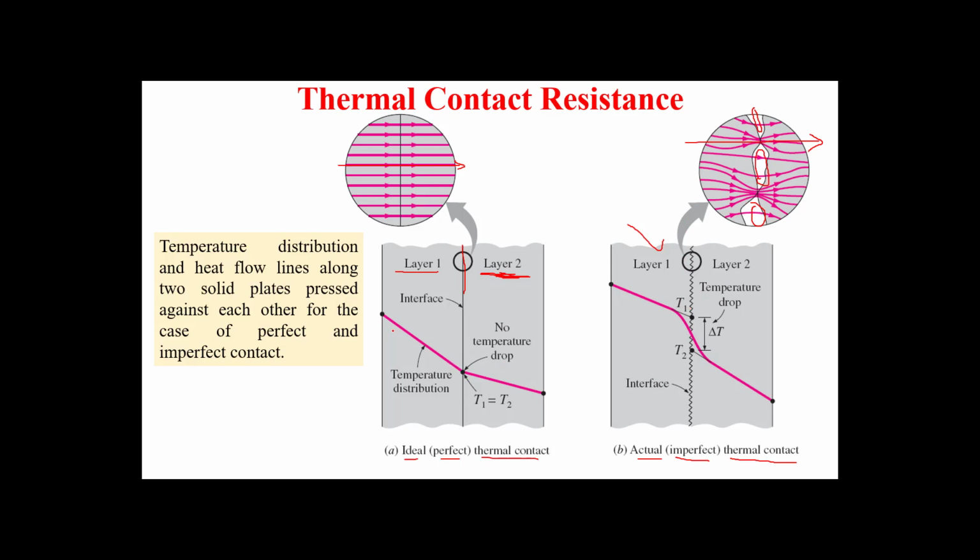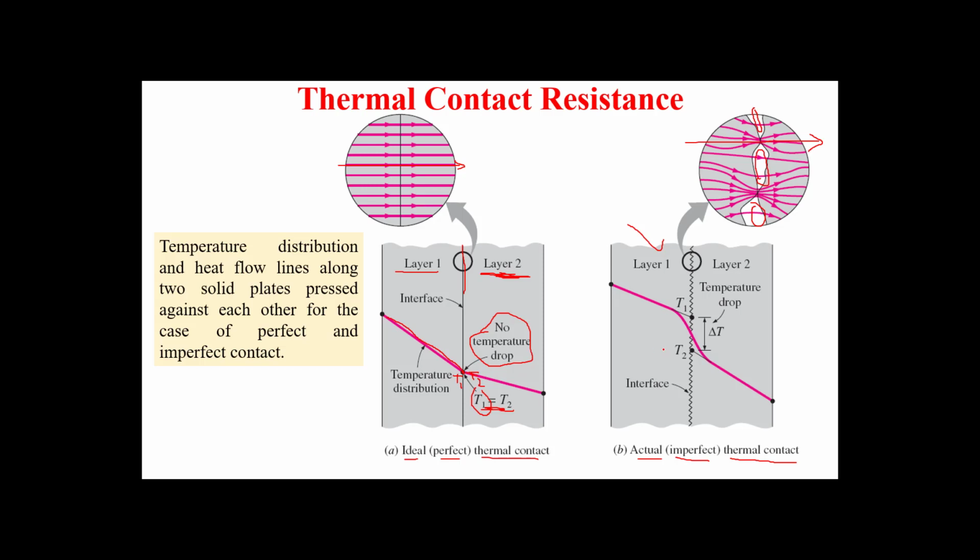For the perfect case, the temperature keeps dropping until we reach the point of contact, then the temperature continues. So there is no temperature drop. T1 will equal T2. The temperature at the surface of layer 1 at this position must equal T2 because this is perfect contact.